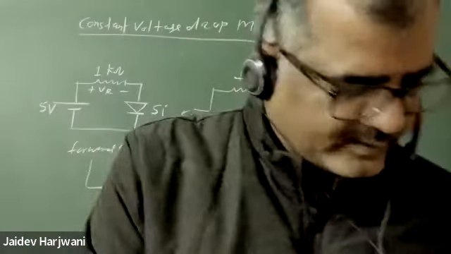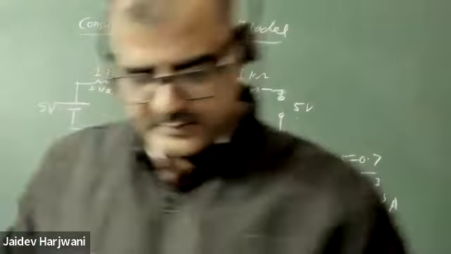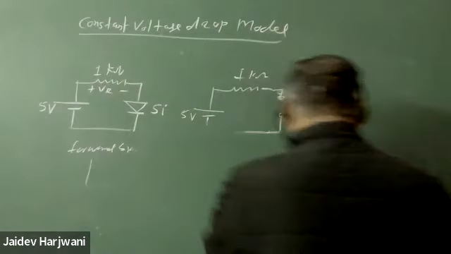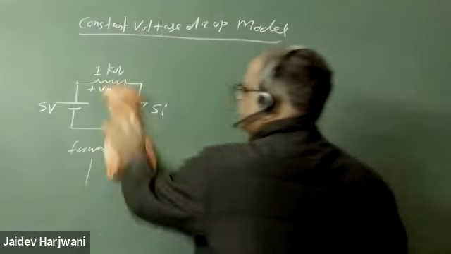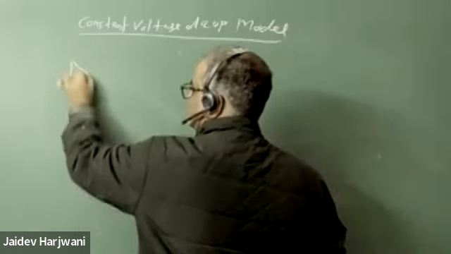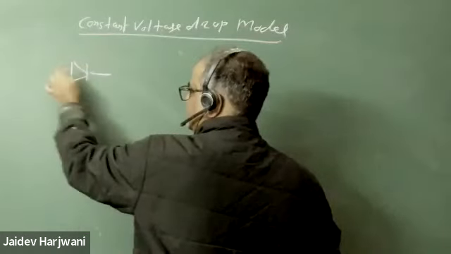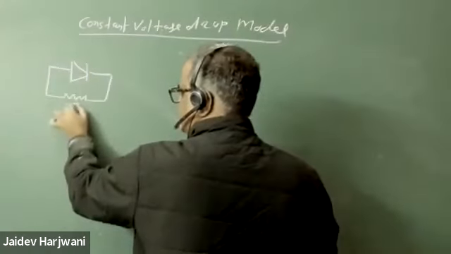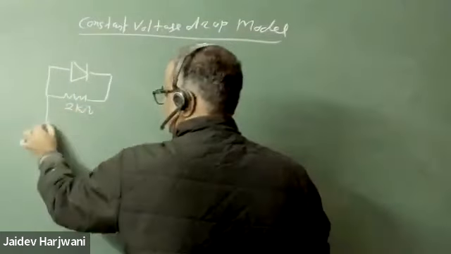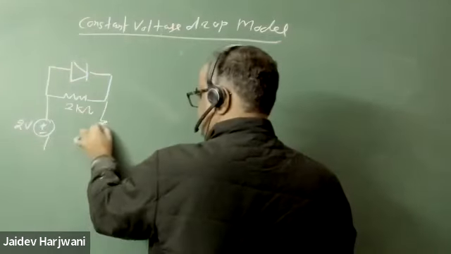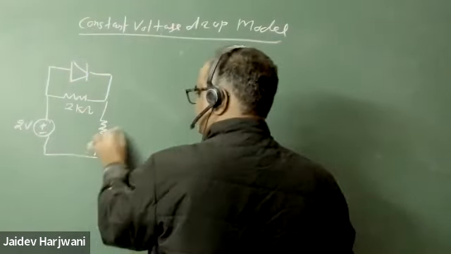Now let me solve one problem. You have been given a diode like this. You have a resistance of 2 kilo ohm, a battery of 2 volts, and a resistance of 6 kilo ohm.